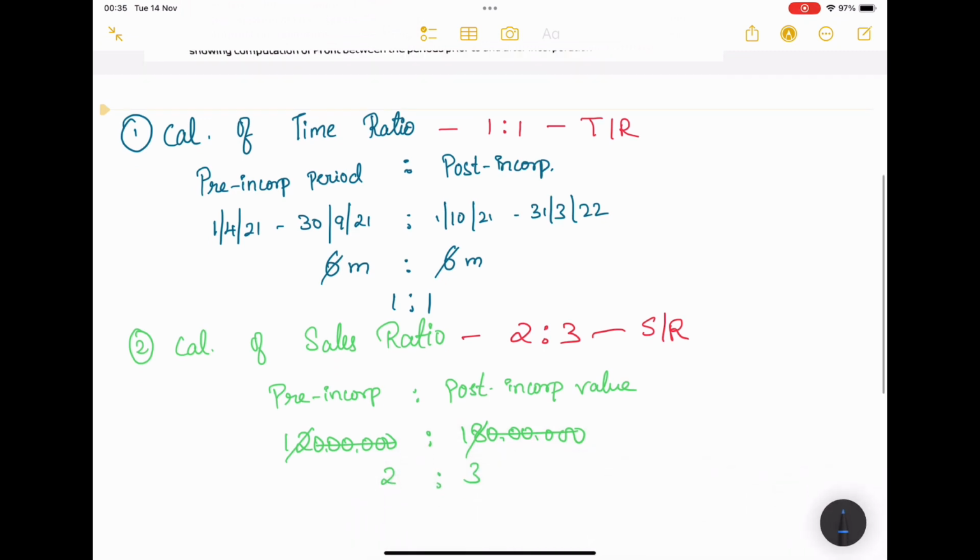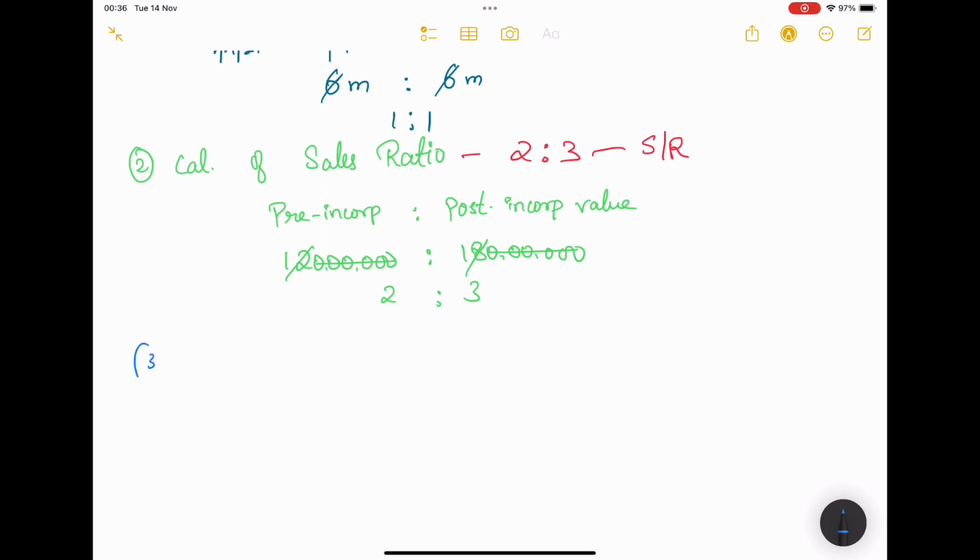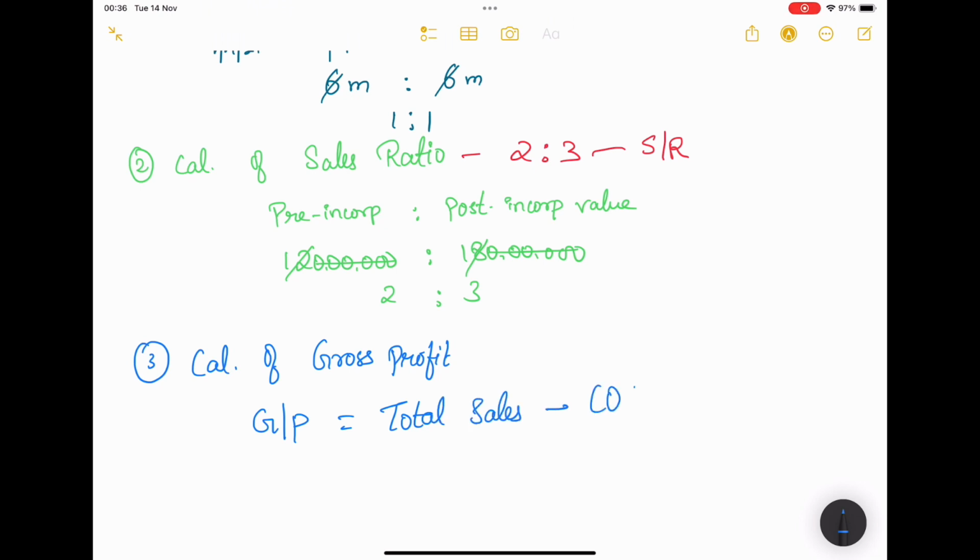Now in the question they have not given the gross profit value, so calculation of gross profit. How are we going to identify gross profit? Gross profit equals total sales minus cost of goods sold. So total sales, including both pre and post incorporation, we have to include. I'll write here pre-incorporation plus post-incorporation value.